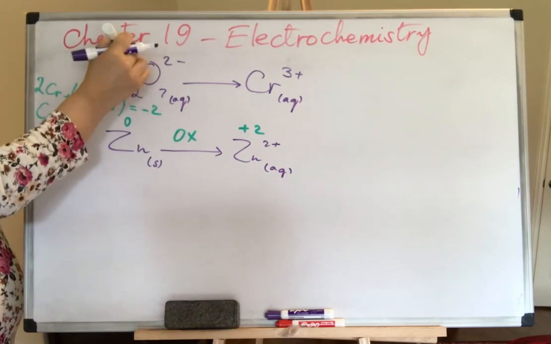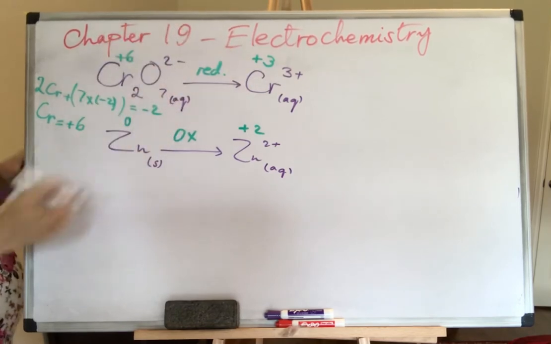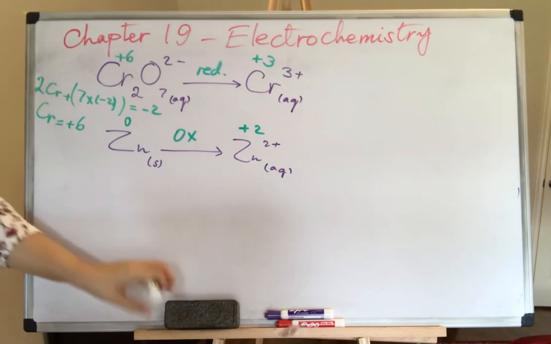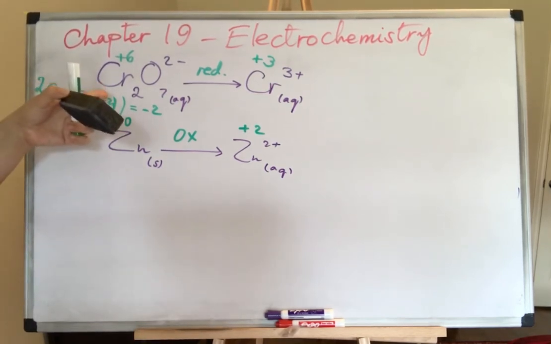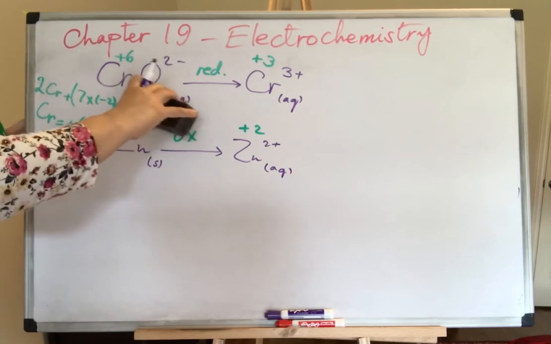So chromium went from positive 6 to positive 3. It's being reduced. The chromium forms the reduction, and zinc forms the oxidation. So let me just get rid of these.